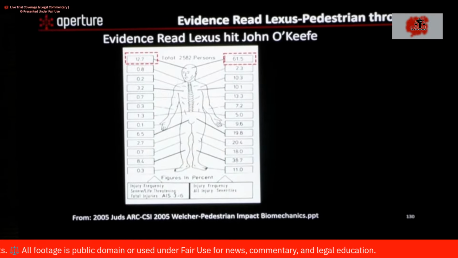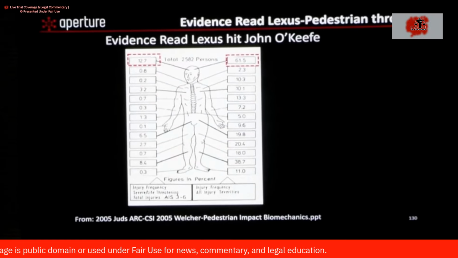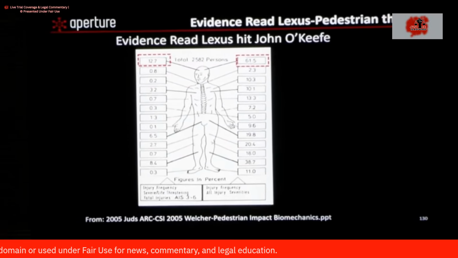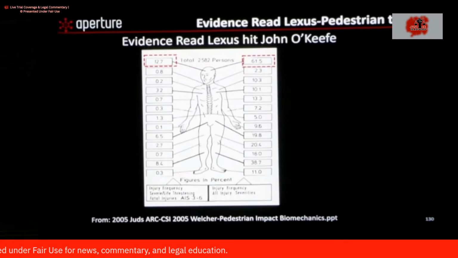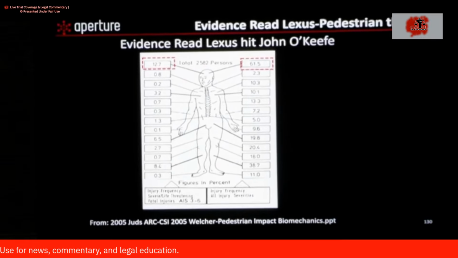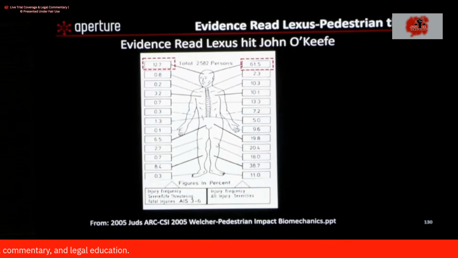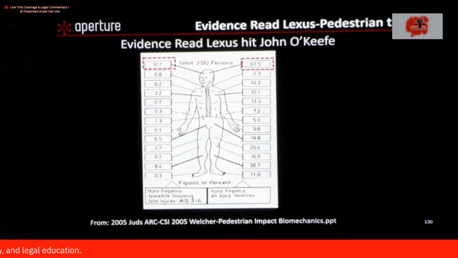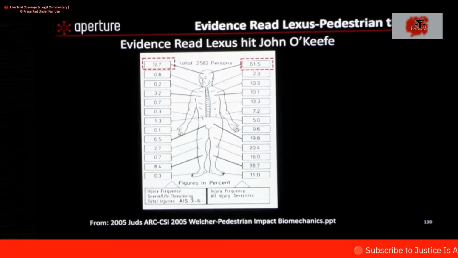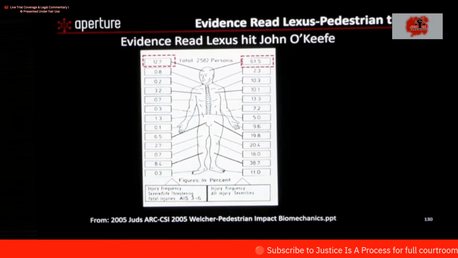Slide 130. Can you enlarge that and explain to us what that is? Sure. So at the bottom, it indicates where it's from. This was from a presentation I gave looking at pedestrian injury biomechanics back in 2005. And what it's showing is what are the most common injuries in pedestrian impacts. So what it shows is head injuries are the most common injury in pedestrian impacts.